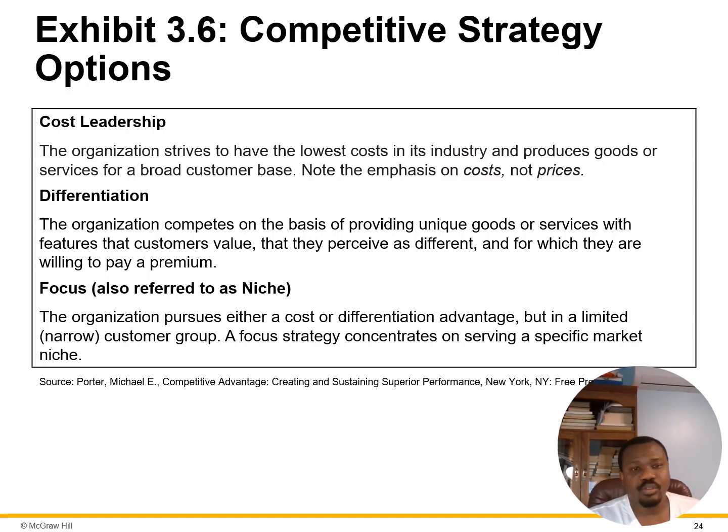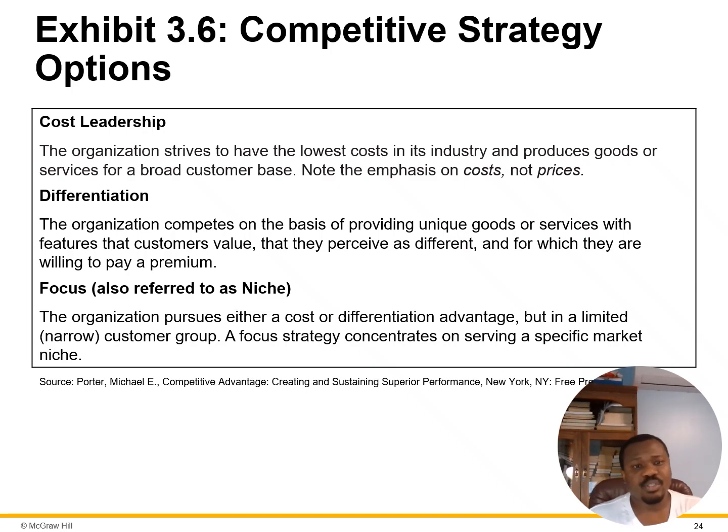every organization strives to have the lowest cost in its industry and produce goods or services for a broad customer base. Note the emphasis on costs, not prices. Then we say differentiation.